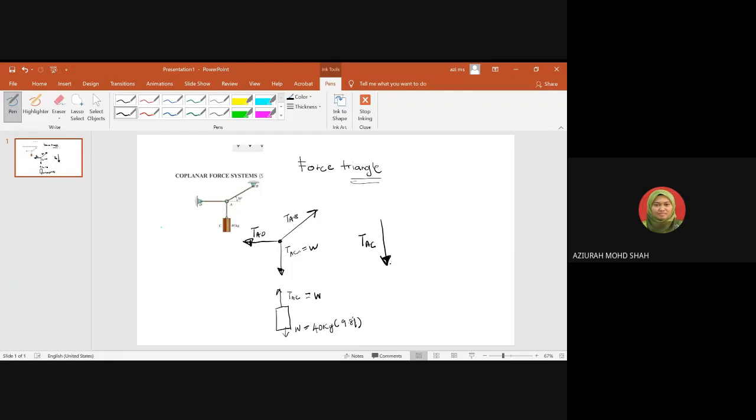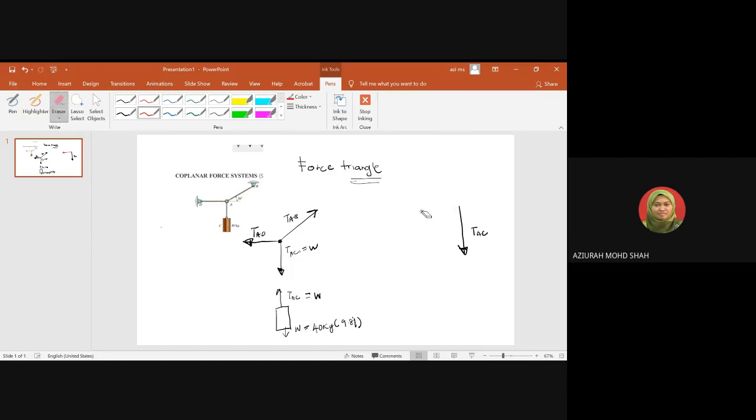So if we want to connect with TAD, kalau you nak sambung dengan TAD, saya kena buat dia tepi sikit lah, besar sikit. So TAC here. Okay, sambung dengan TAD. So saya akan sambung head to tail. Saya tak boleh sambung TAD dekat sini, because this is tail to tail, salah lah.